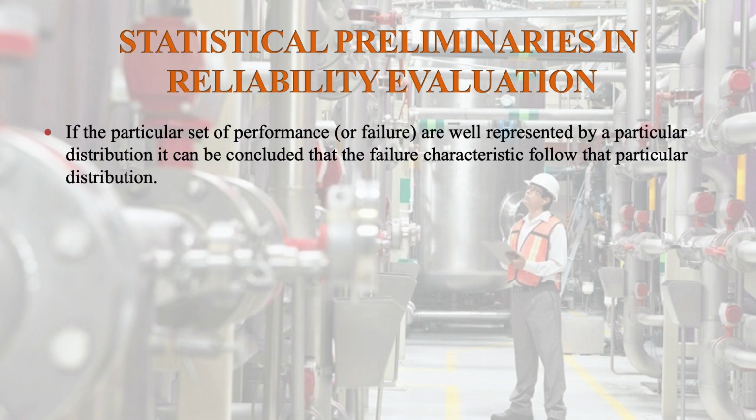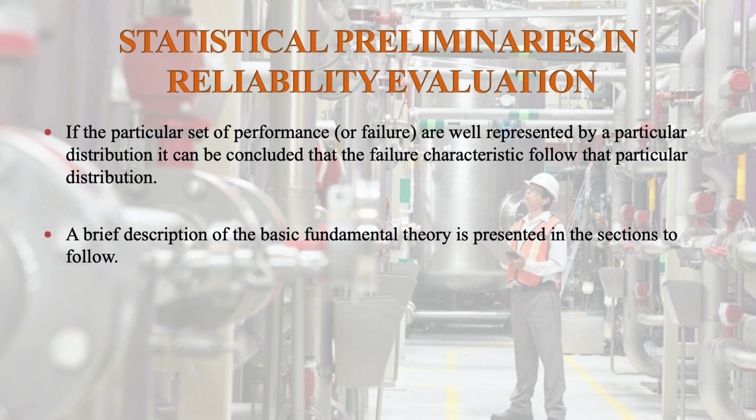If a particular set of performance or failure data is well represented by a particular distribution, it can be concluded that the failure characteristics follow that particular distribution. A brief description of the basic fundamental theory is presented in the sections to follow.